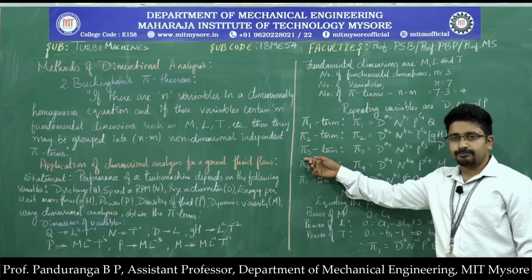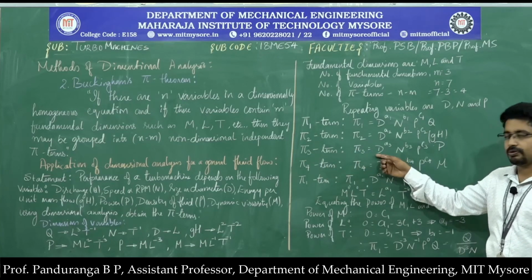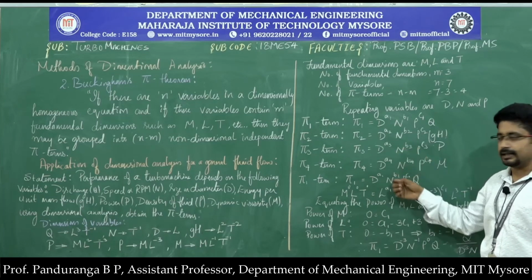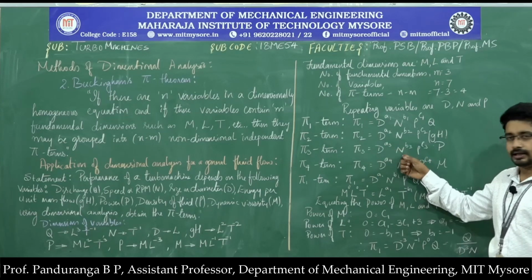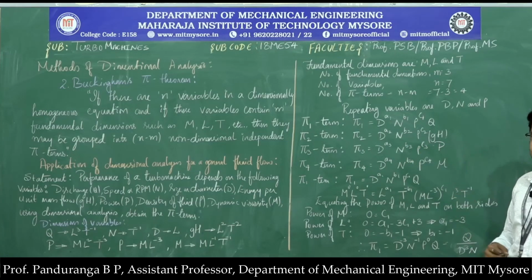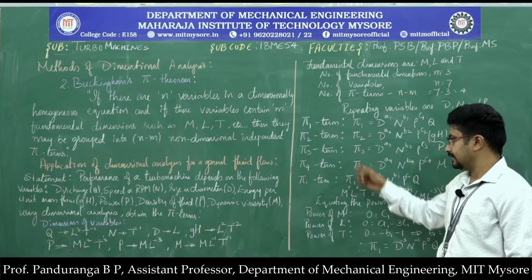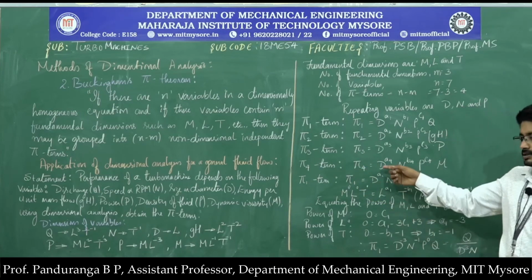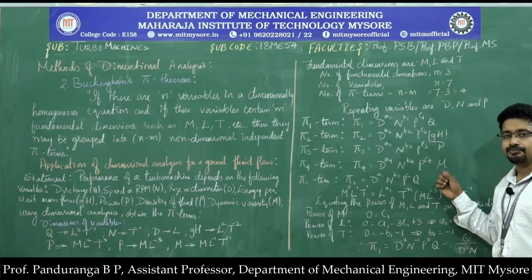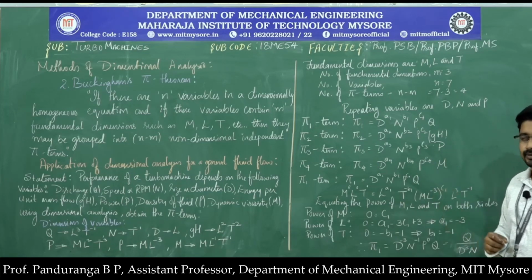For the third pi term, pi 3 will be equal to d to the power of a3. Again the repeating variables will be there in all the pi terms, d to the power of a3, n to the power of b3, rho to the power of c3, and I have taken power as the non-repeating variable for pi 3. For pi 4 it is d to the power of a4, n to the power of b4, rho to the power of c4 and mu, the dynamic viscosity.